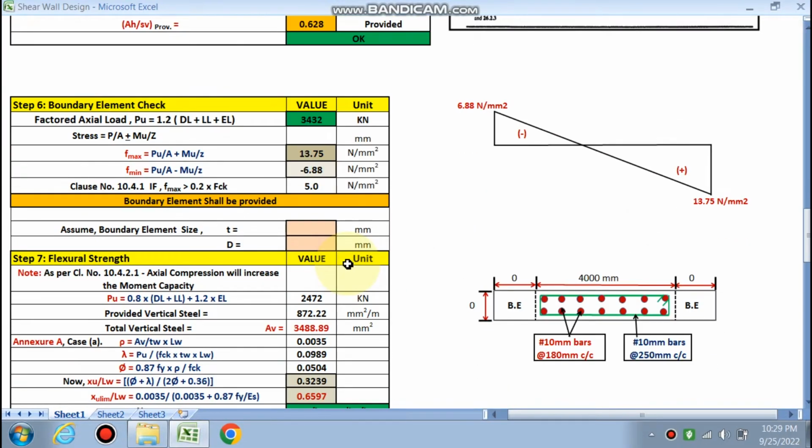Now the boundary element check in this part. The factored axial load is given by this formula, 3432, already calculated.